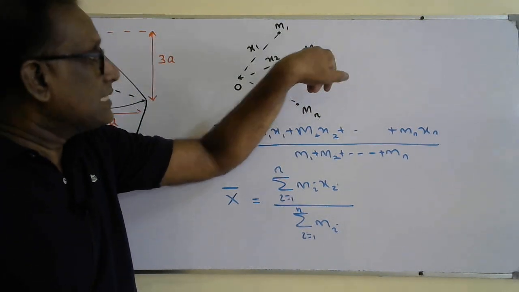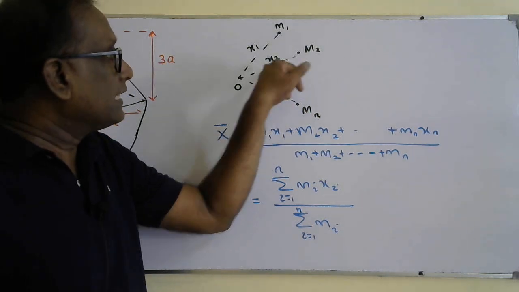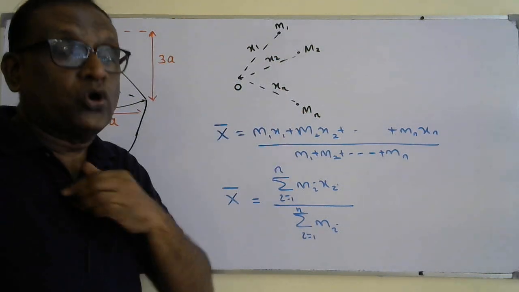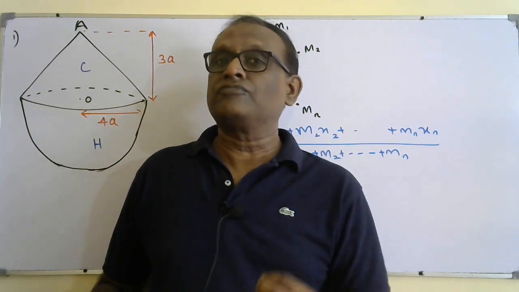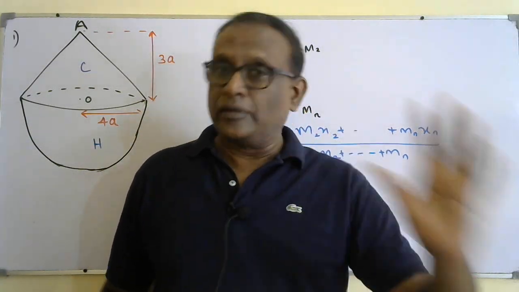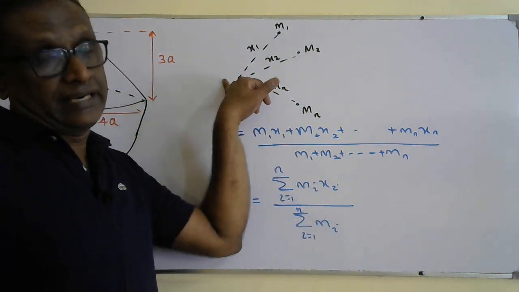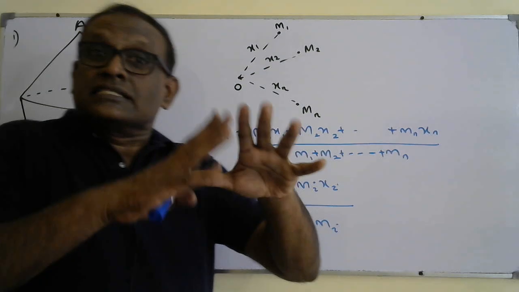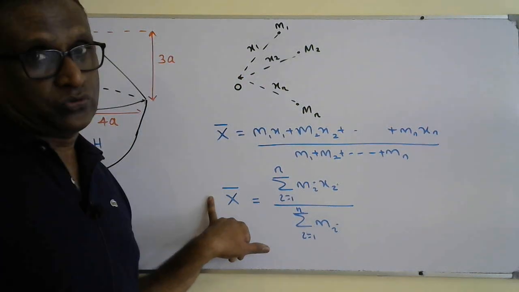Its center of mass is at this point, so the distance of the center of mass of this object is x2 from O, like that. If we know the system of objects, we must know the center of mass of each object from a point. Then from the same point O, we can find the center of mass of the system of all the objects together, that is defined by this equation.